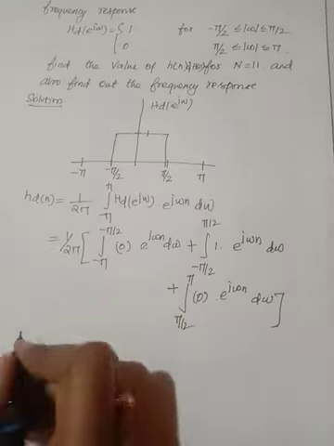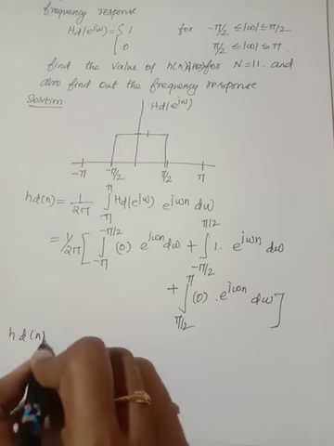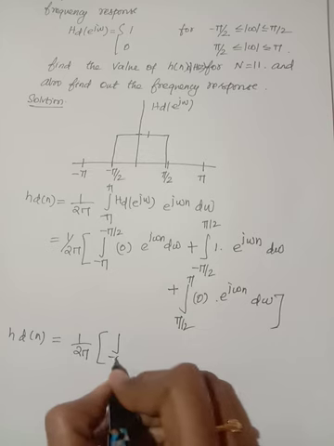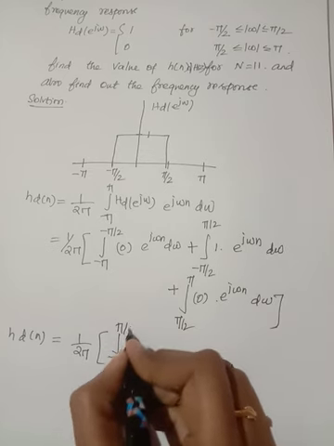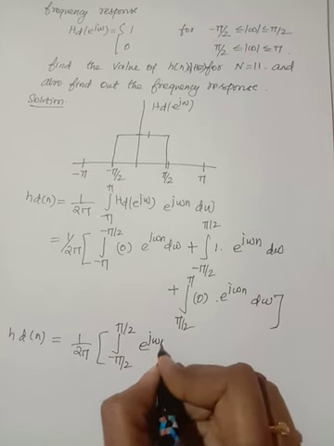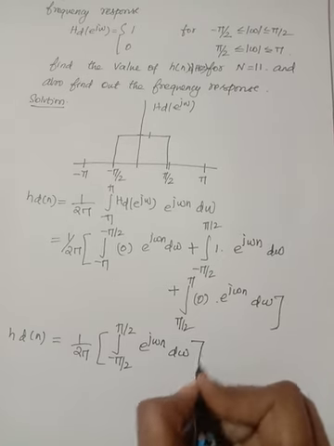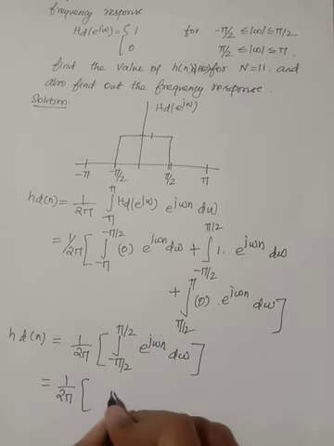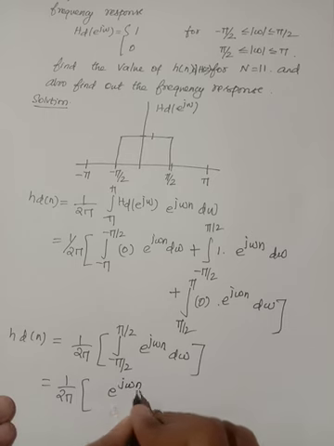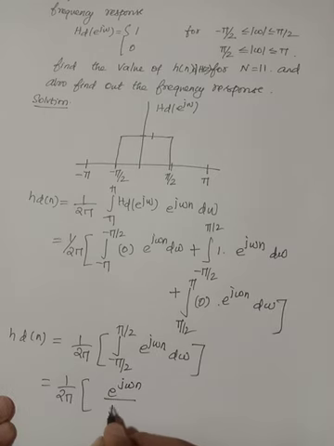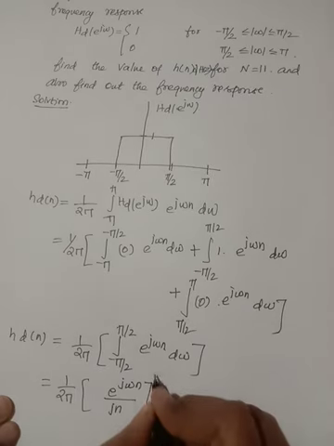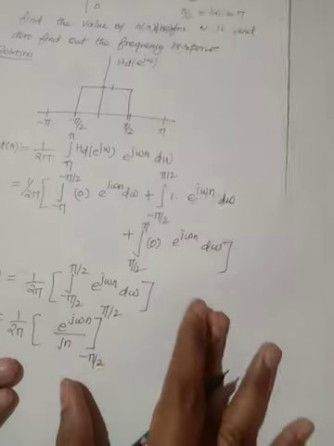Okay, now I am going to find out h_d of n, 1 by 2 pi integral from minus pi by 2 to plus pi by 2 e power j omega n d omega. When I integrate this with respect to omega, I will get e power j omega n divided by jn, and the limit is from minus pi by 2 to plus pi by 2.